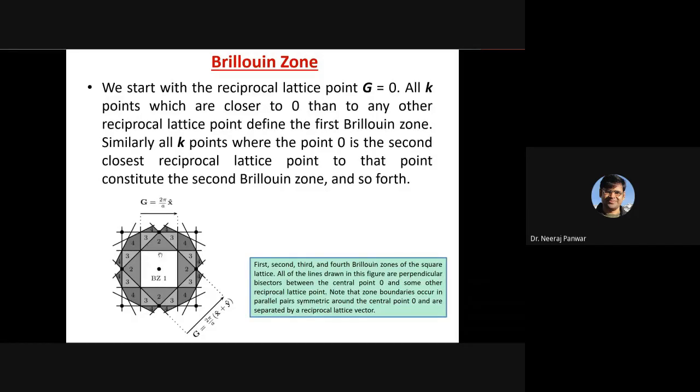So the whole area of the first Brillouin zone would be covered by the pieces of the second Brillouin zone. Therefore, we can see that the area or volume of all the Brillouin zones are the same. Similarly, you can verify it: if we translate these pieces of the third Brillouin zone by this translation vector, then they will cover the whole area of the first Brillouin zone.